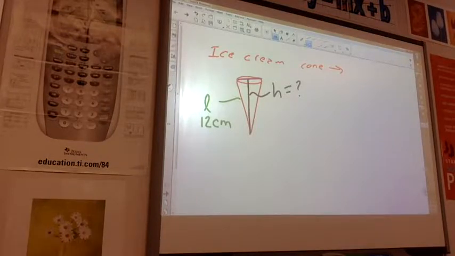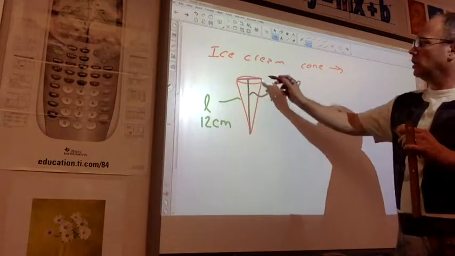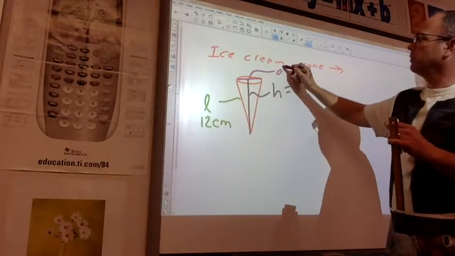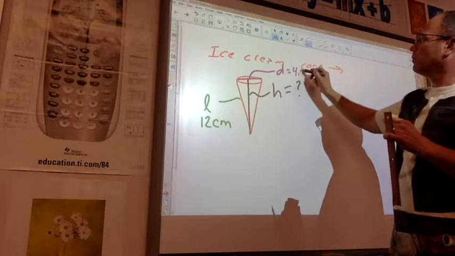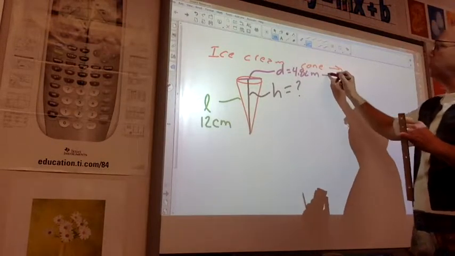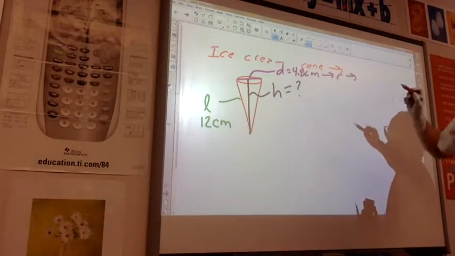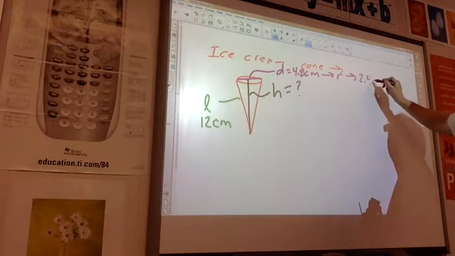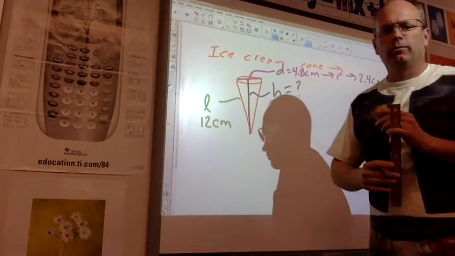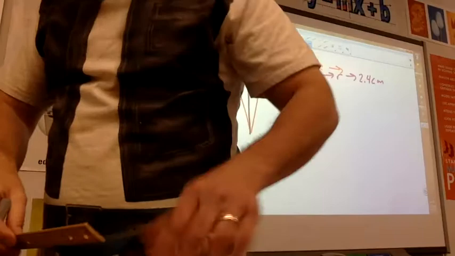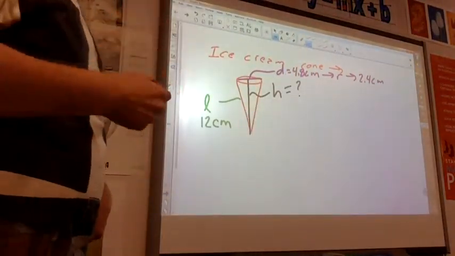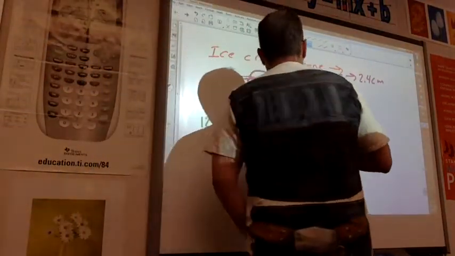So it appears that it is 4.8 centimeters for a diameter. So if that's 4.8, what would the radius have to be? 2.4. Seem okay so far? So I think with that kind of information, we could find a few things.